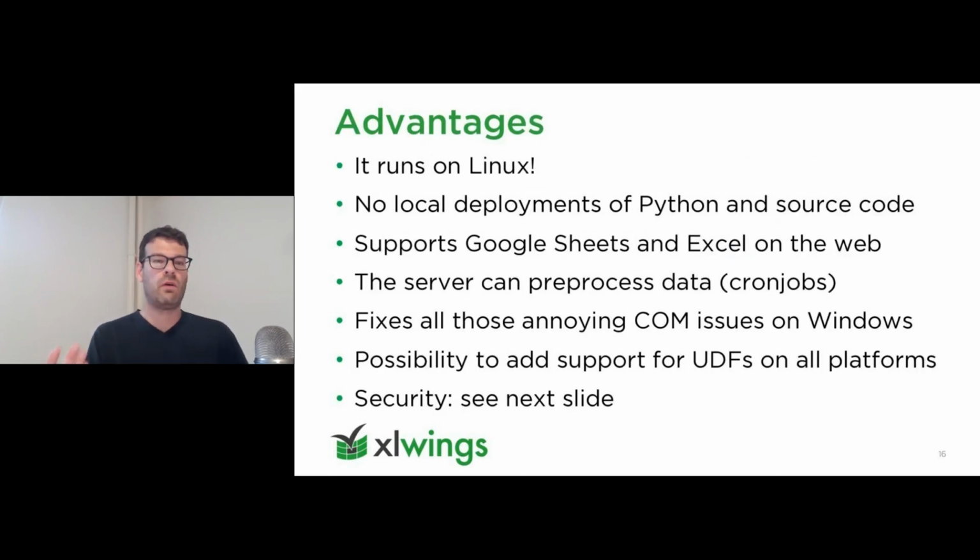So now, what are the advantages of using the remote interpreter? So one of the advantages, obviously, it runs on Linux, and you can use all your web application servers. You can deploy it to Kubernetes. You can deploy it on a Raspberry Pi. So there's no limits. And I mean, you can run it on a Windows server too. It's just usually not the best thing to do.